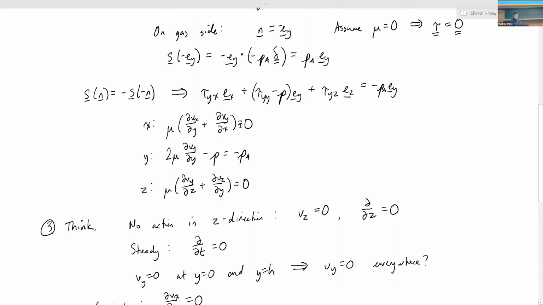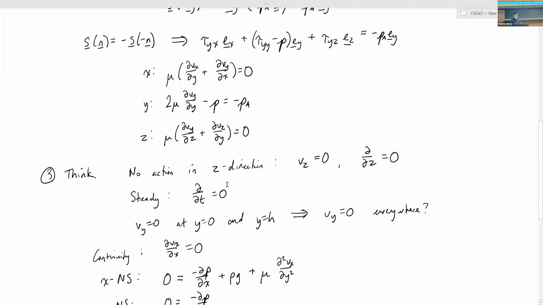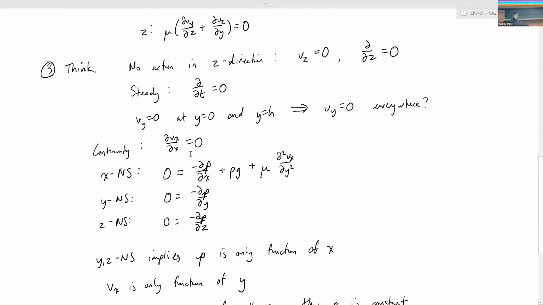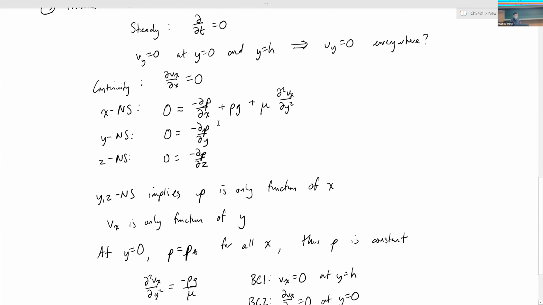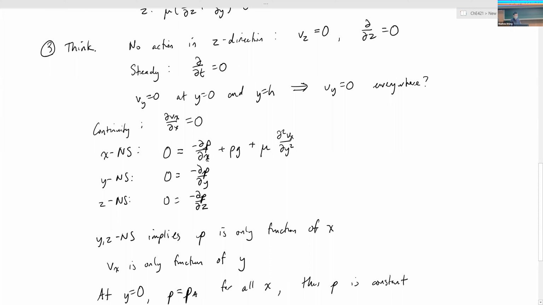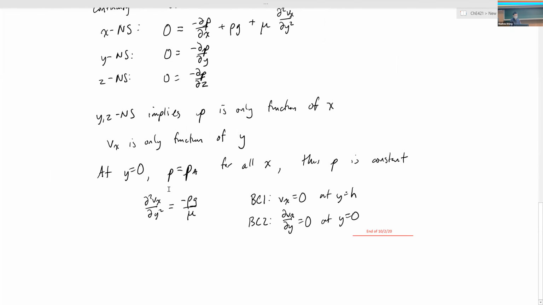Okay. Then we were able to use a few relatively simple assumptions. For instance, that there's no velocity in the z direction and all derivatives in the z direction are 0, it's steady, et cetera, to simplify the Navier-Stokes and continuity equations down to this. And then we simplified even further by looking at pressure arguments, about how pressure is constant everywhere, to get to this very simple equation, and then these two boundary conditions.